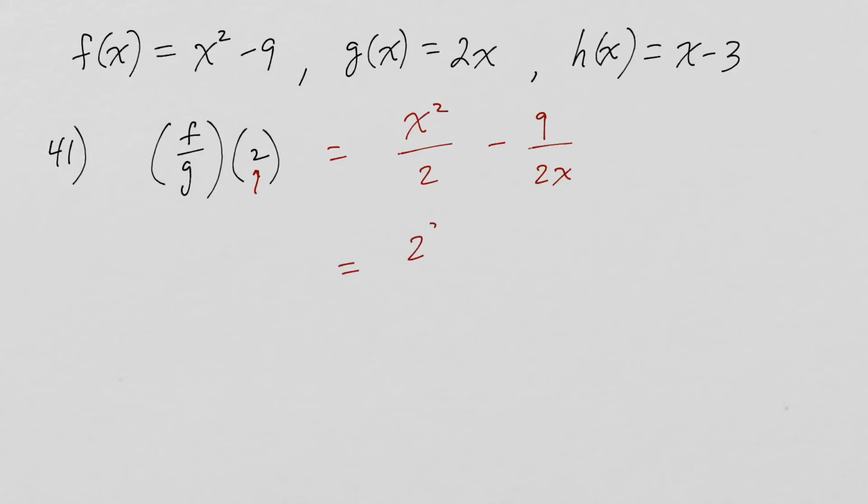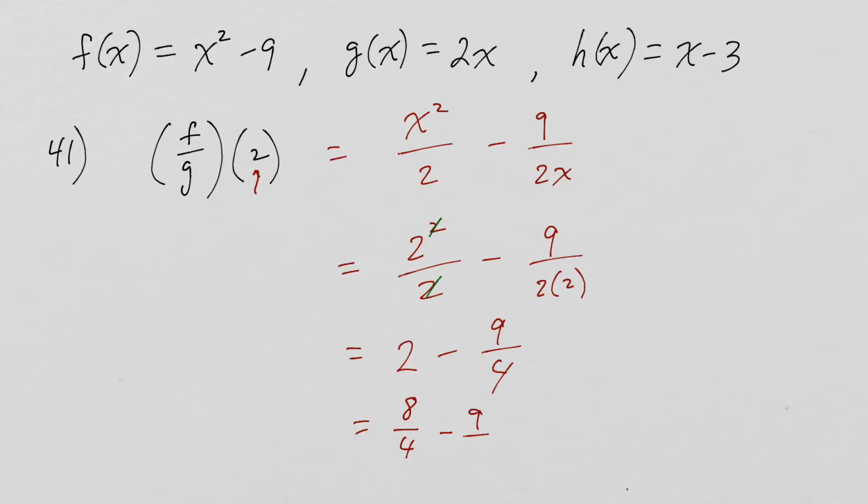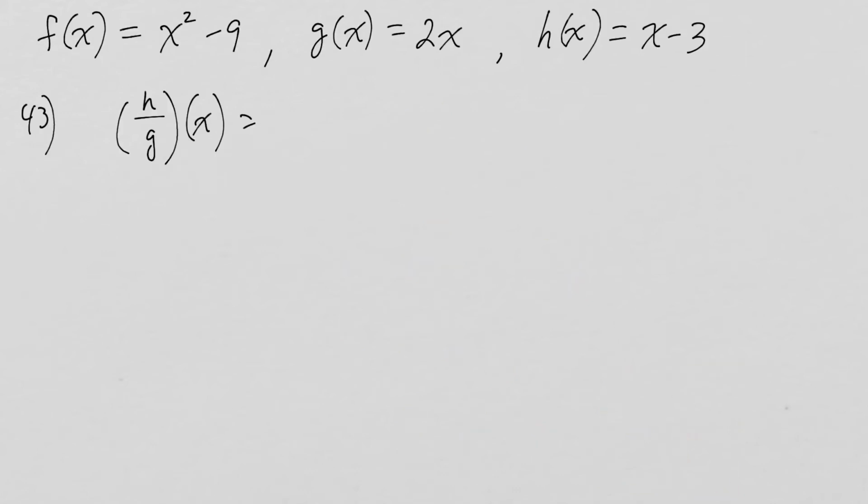So this is 2 squared over 2 minus 9 over 2 times 2, which is going to be 2 minus 9 over 4, which is 8 over 4, that's 2, minus 9 over 4. So we get negative 1 over 4. Okay, so h is x minus 3 over 2x. There's nothing wrong with leaving it just like this. So I'll do that this time.